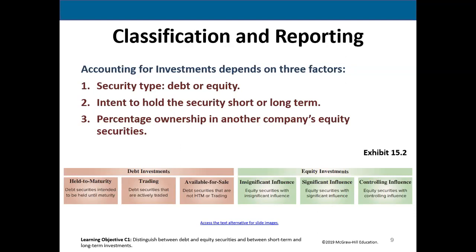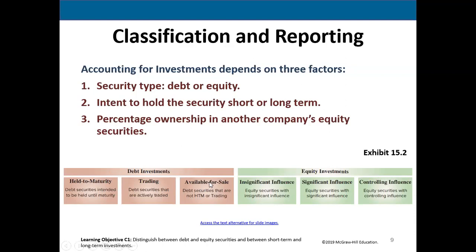So you have your own special way of accounting for the investment if your equity investment falls into that category. And then we have special accounting, which we're not going to learn because that's for an advanced course. But when a company owns more than 50% of the voting stock of another company, they control it. So they have special accounting for that category as well.